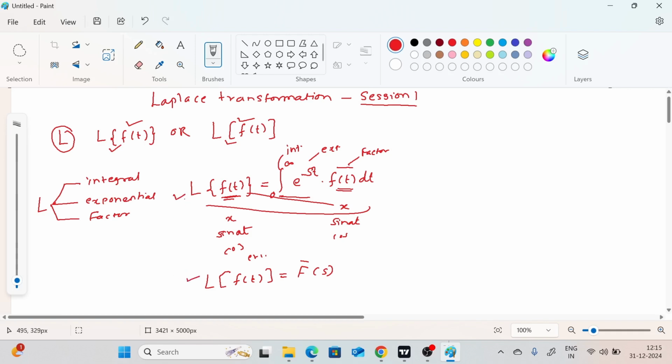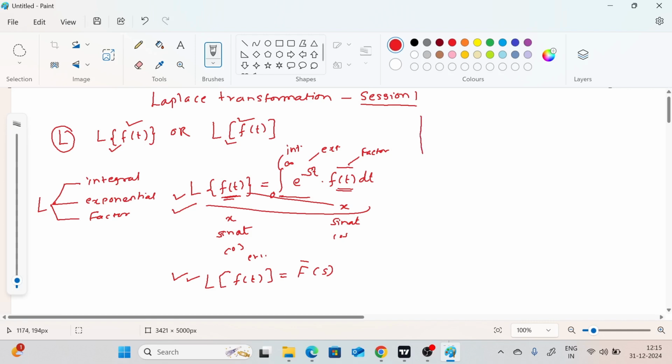You can use any, but remember both of these formulas, because in upcoming sessions we are going to use both of them. So this is the basic.